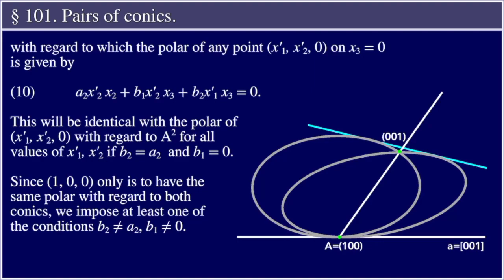Since 1, 0, 0 only is to have the same polar with regard to both conics, we impose at least one of the conditions, b2 not equal to a2, b1 not equal to 0.